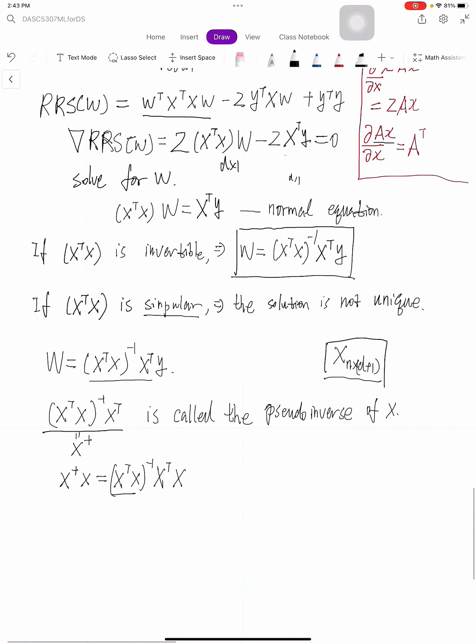Because this is the inverse of this one, these are now square matrices. So this equals the identity. Therefore, this is called the pseudo-inverse of the X matrix. But I think it's not dimension d. This should be dimension d plus 1, identity matrix d plus 1.